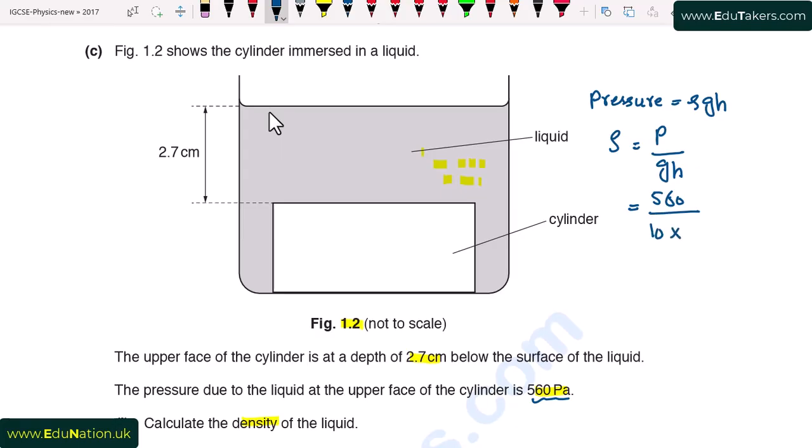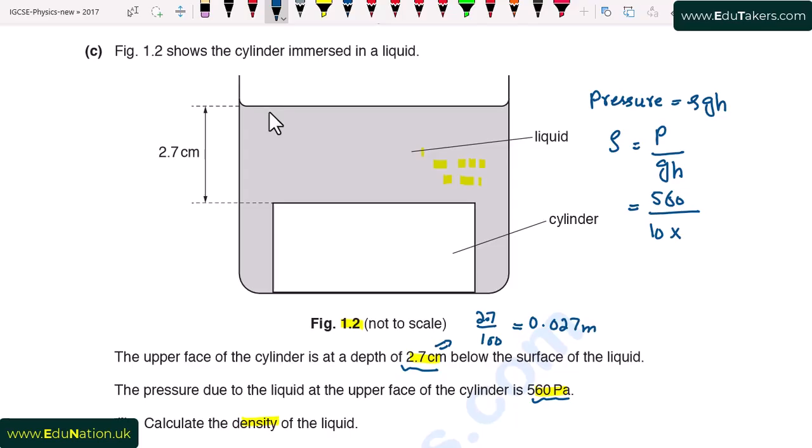It is given that depth is 2.7 centimeter, but we have to convert this into meters. So I write here 2.7 divided by 100, which will be equal to 0.027 meter.